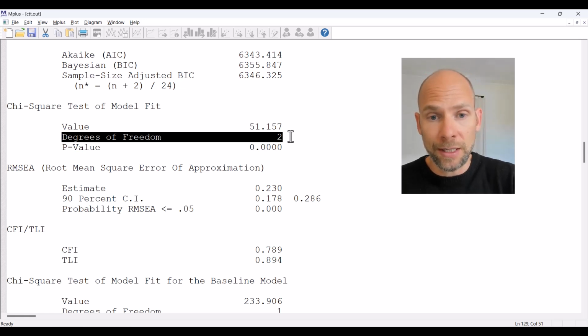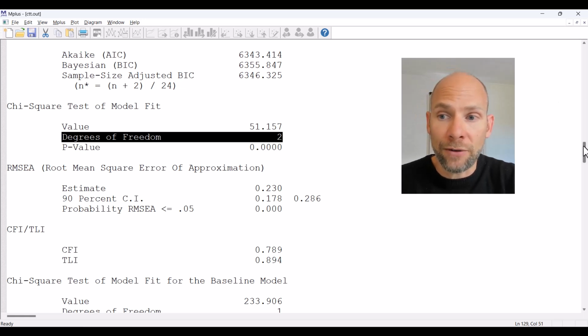And so here you can see that the chi-square is showing us there's a problem here. So either the means are not the same or the variances are not the same, or both. So both could be violated, and so that's for us to find out. So this model does not fit.